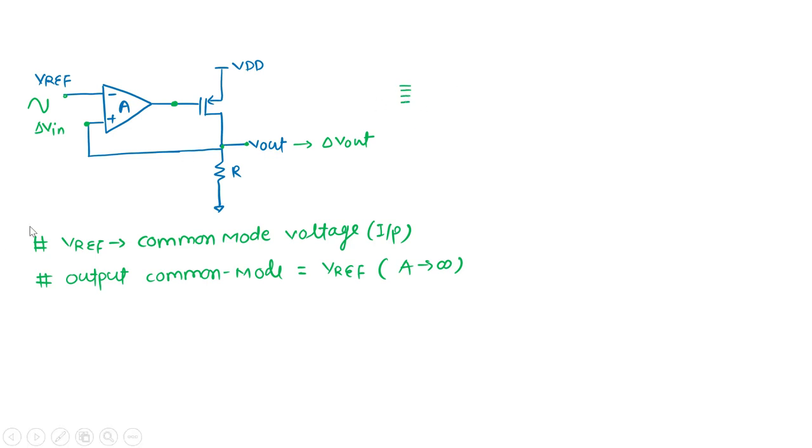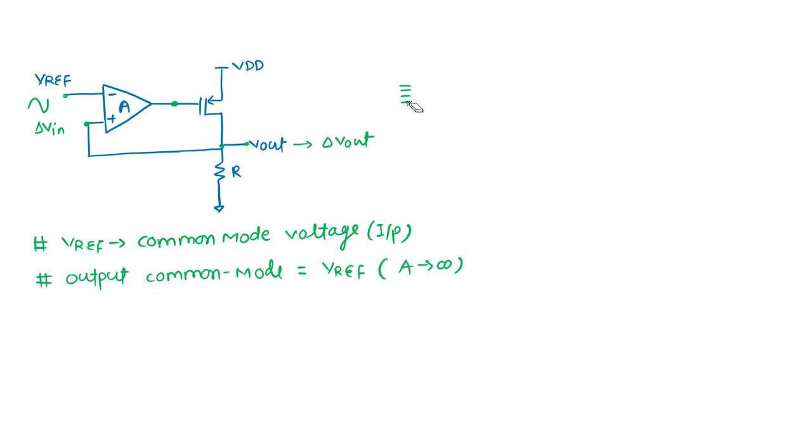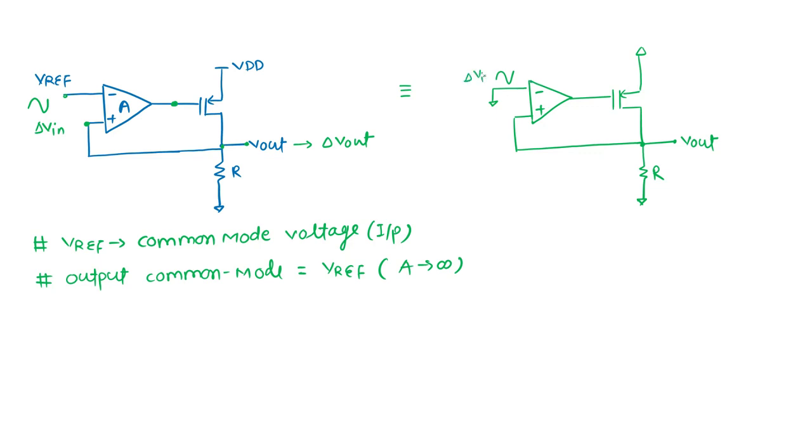Now if you want to calculate the small signal gain, you can just short the DC. The DC is shorted, but you applied a signal, so there should not be any confusion. A DC short but signal is there, this is my del Vin.